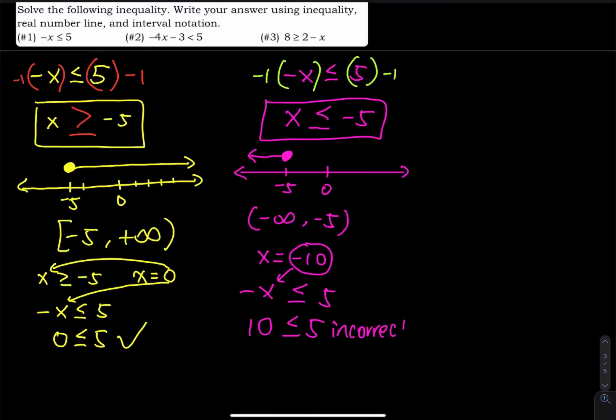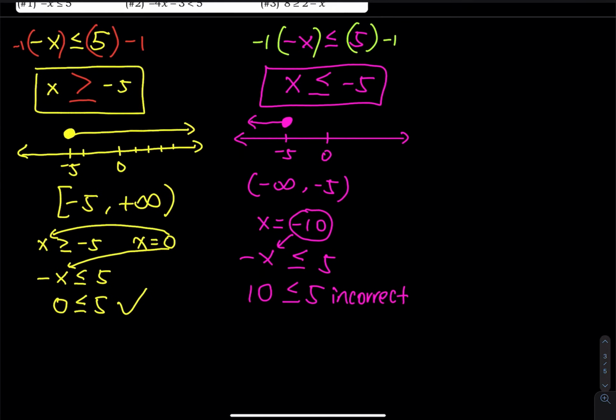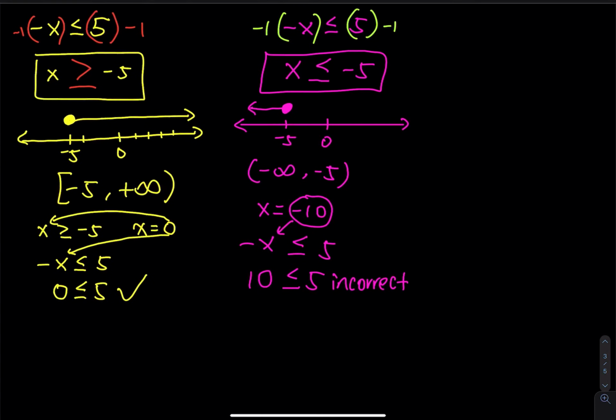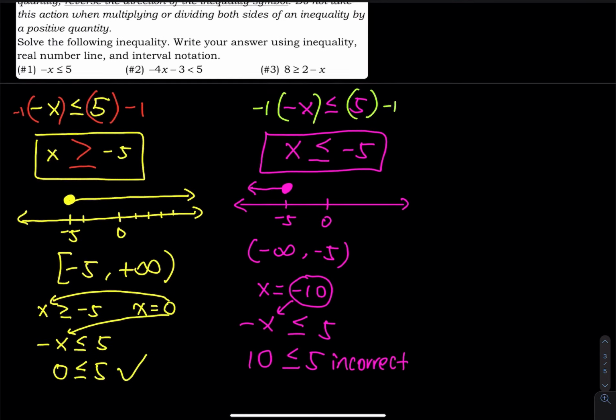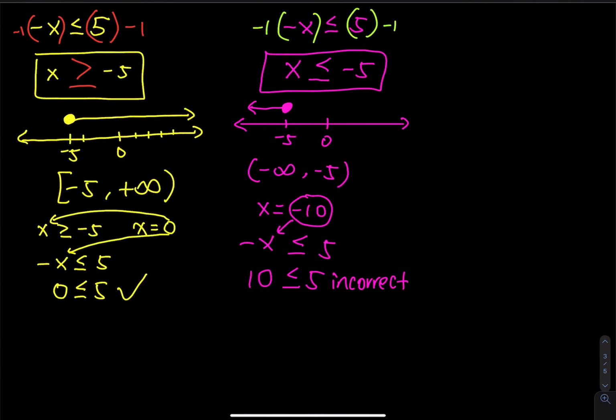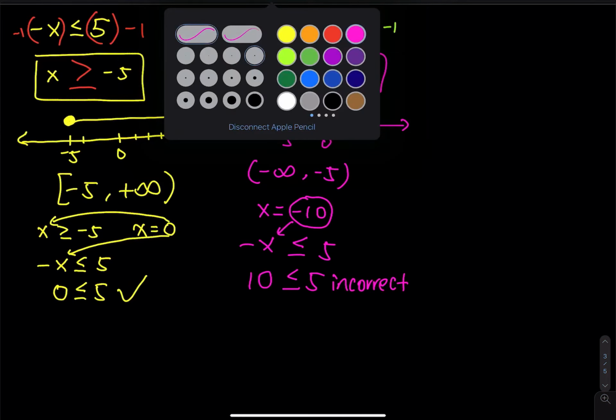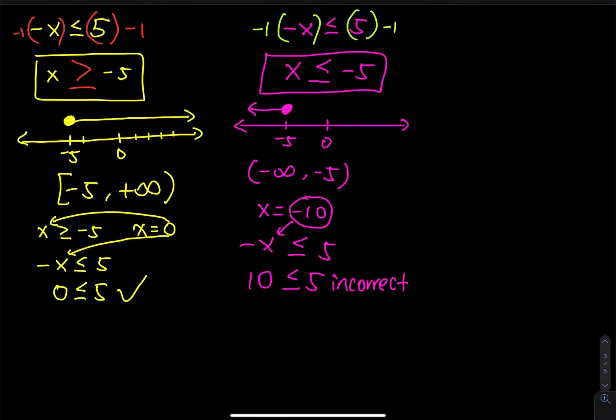So this lesson tells me when you multiply or divide both sides by a negative quantity, let's write this down. Just follow me. Let's write this down once. Let's use a different color.